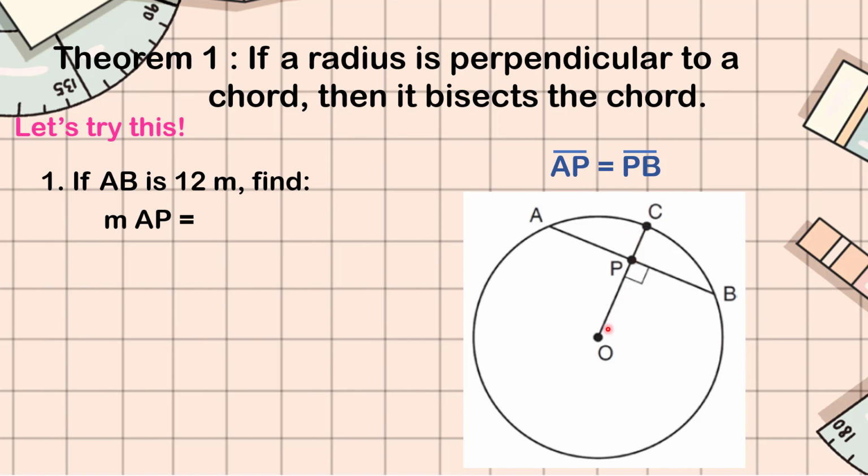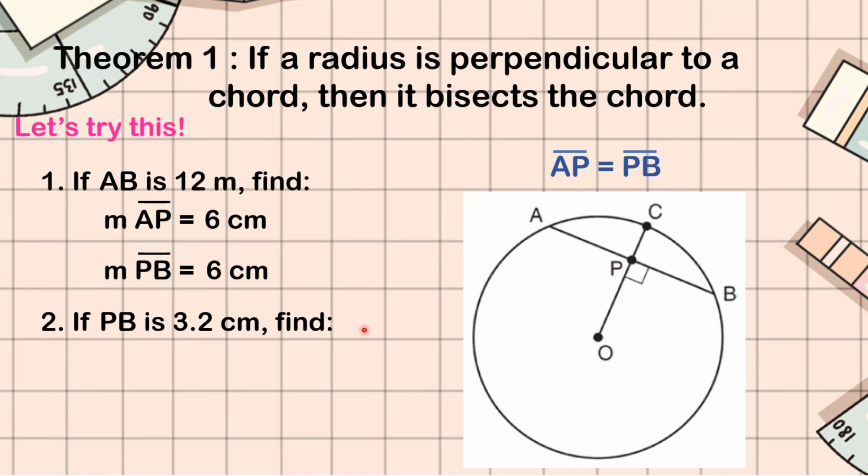So if CO cuts AB into two equal parts, then the measurement of segment AP is equal to 6 meters because 12 divided by 2 is 6. Next, find the measurement of segment PB. Since AP is equal to PB, then the measurement of segment PB is also 6 meters.